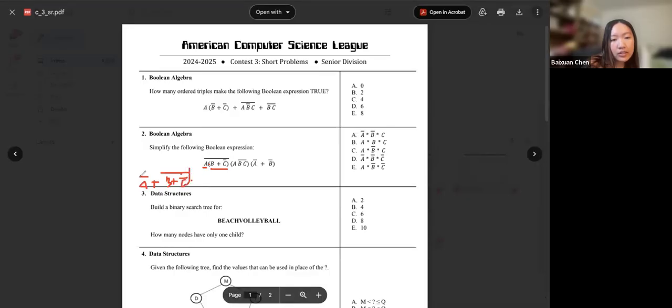And then this times A times not B plus not C. So just A times not C. And then times not A plus not B.